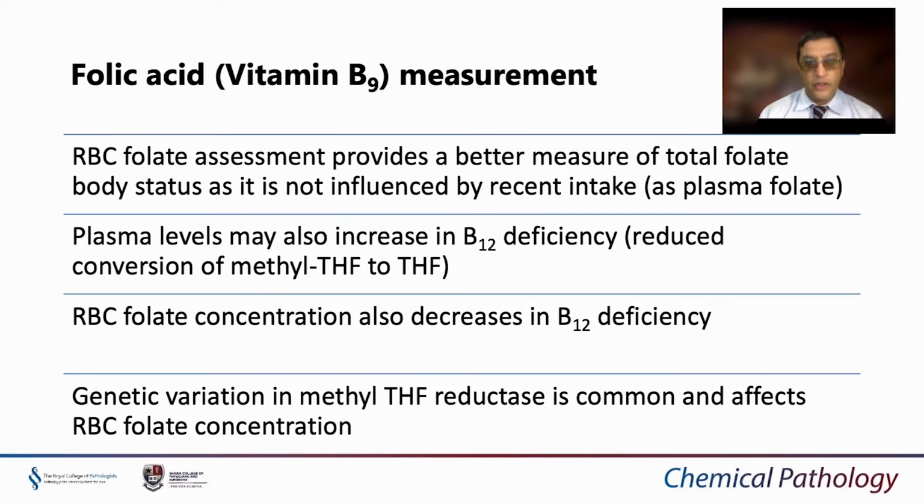Red blood cell folate concentration, however, also decreases in B12 deficiency. Genetic variation in methyl tetrahydrofolate reductase is common, and this may also affect red blood cell folate measurement. It's therefore important to note potential factors that can impinge on low folate red blood cell levels to avoid spurious diagnosis.